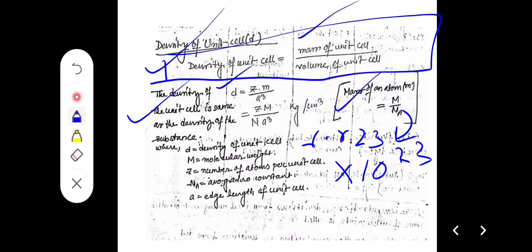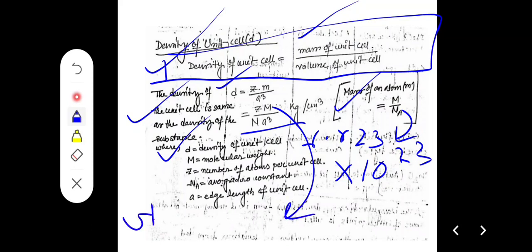So D equals Z M by Na a cube, in kg per centimeter cube. D is the density of the unit cell, M is the molecular weight, Z is the number of atoms per unit cell, Na is the Avogadro constant, and a is the edge length of the unit cell. How can we memorize it?